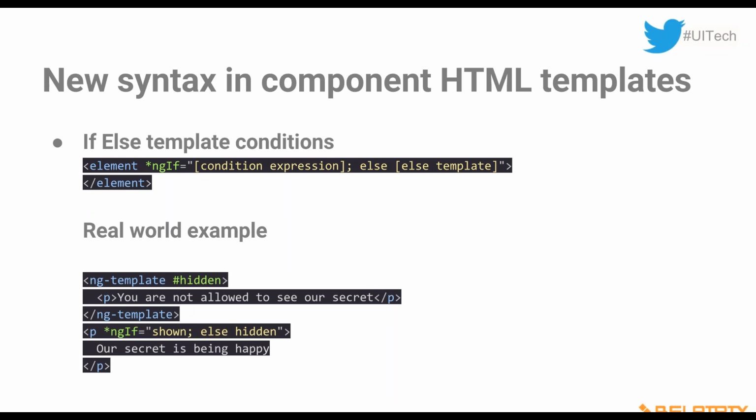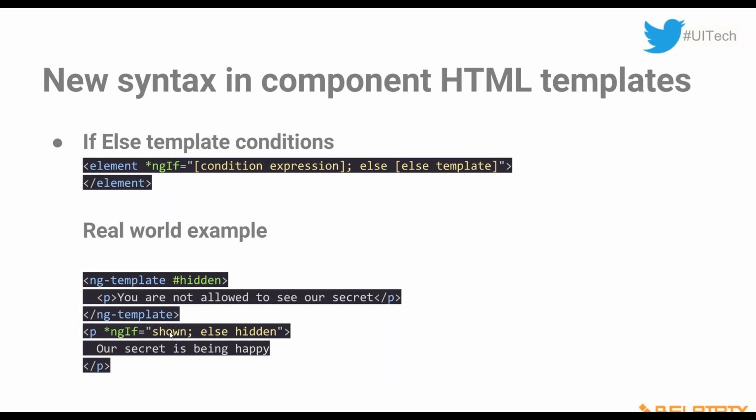And if we look at the real-world example, we define a template and we assign an ID to that template using the hash, so this hidden ID. And then we use the ngIf directive. When this is going to be evaluated, in the controller we can set this to true or false.